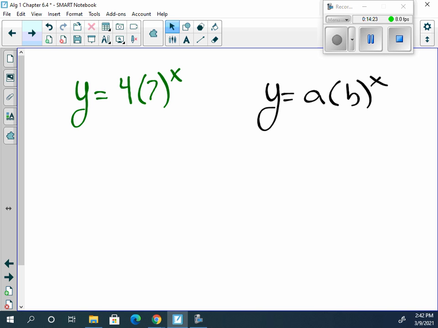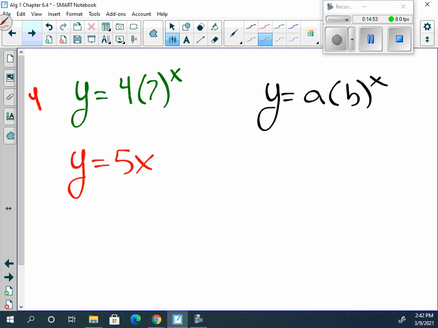Is it in the form a times b to the x? Well, yes. What would be the value of a? A would be 4, b would be 7. So yes, this is in exponential form because it follows the form y equals a times b to the x.